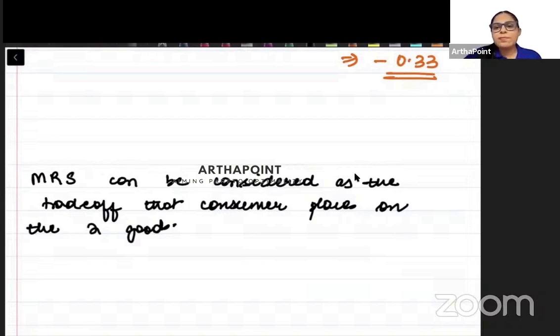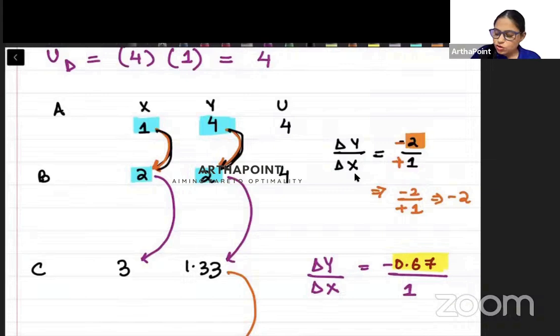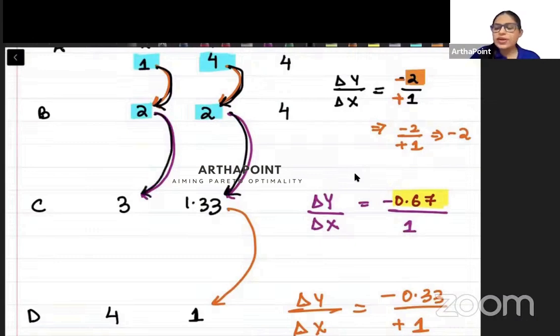The trade-off placed by the consumer on the two goods. कि एक गुड को बढ़ाने के लिए दूसरा मैं कितना छोड़ूं so that I get the same level of utility, right? The rate at which I am willing to give up maximum 2 units of good y for 1 unit of good x. Maximum कितना देना चाह रहे हैं यहाँ पे? 0.67 units of good y for 1 unit of good x.